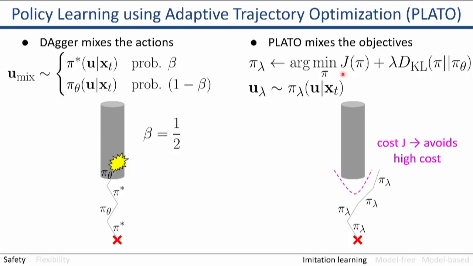Find the policy pi that has low cost J and is similar to pi theta, and output that as pi lambda. So it's not related to pi star? No, it is, because pi star was generated from J. If you only had J, and it was just the argmin of J, that would get you pi star. So we have the pi star term and the pi theta term, and we interpolate between the two according to lambda.